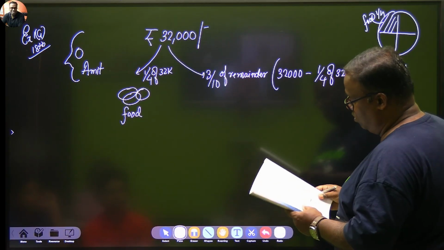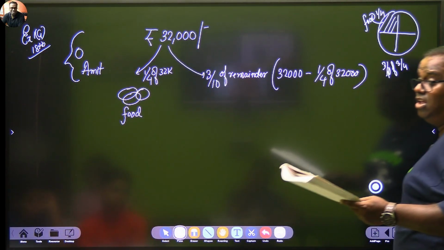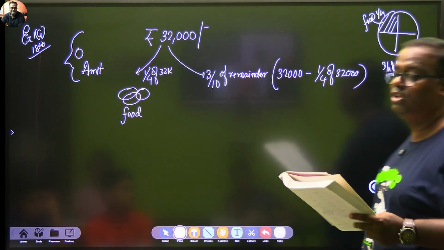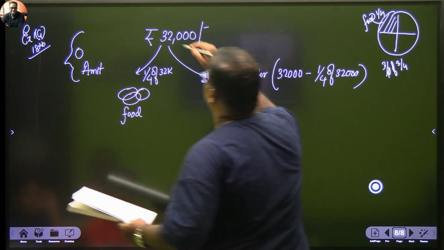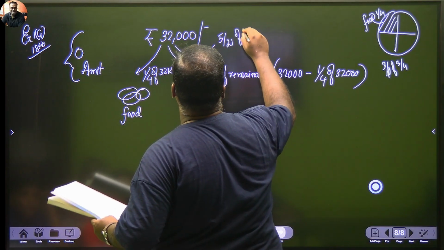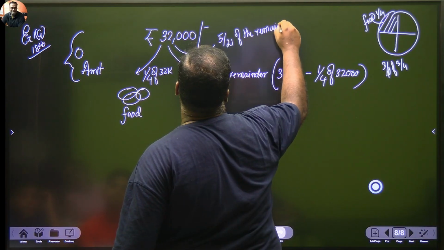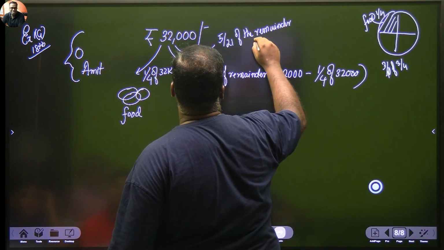Next, what is this of the remainder on house rent? And then 5/21 of the remainder. 5/21 of the remainder of the other remainder. What is the other remainder?